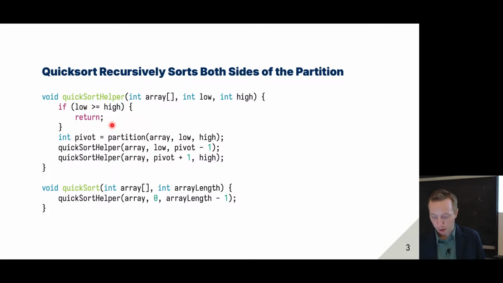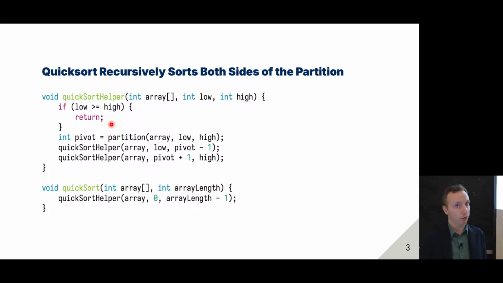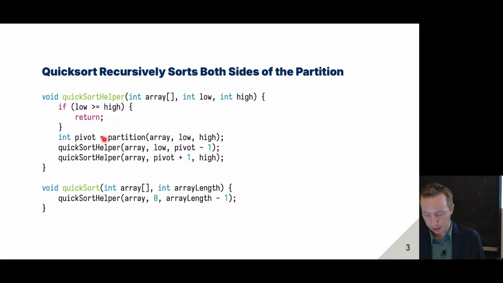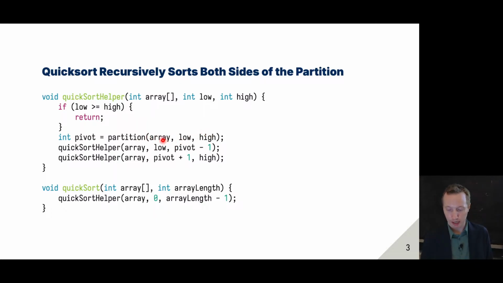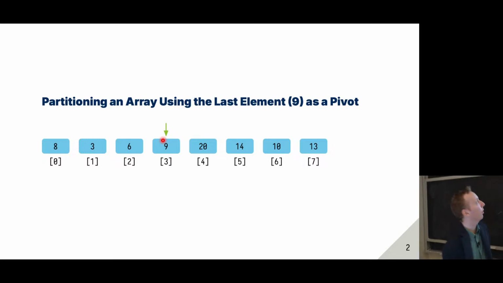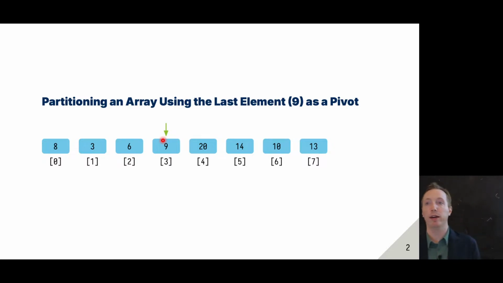So our base case is if low is less than high, because low should always be less than high. And then we write partition. Initially we partition the whole thing. What partition does is it runs that algorithm and then returns the index where the pivot is. So in this case, it would return the pivot as being at index 3.